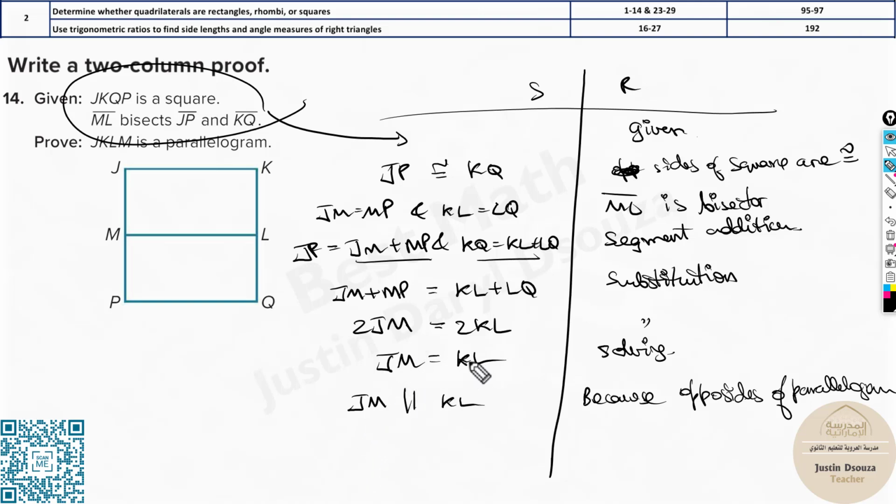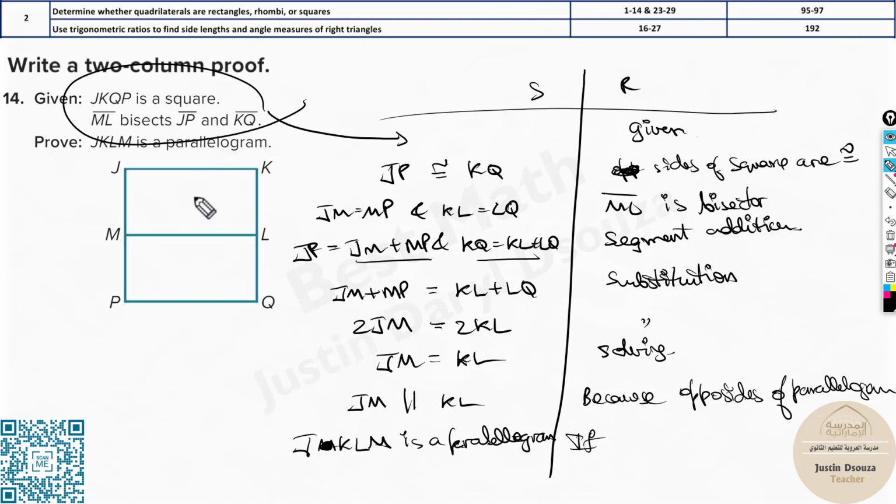Now JM and KL are equal and they are also parallel, so JKLM. You can't write JMKL. You would write JKLM or JMLK. Over here they have asked JKLM, so I'll write JKLM is a parallelogram, as in the question. Why?